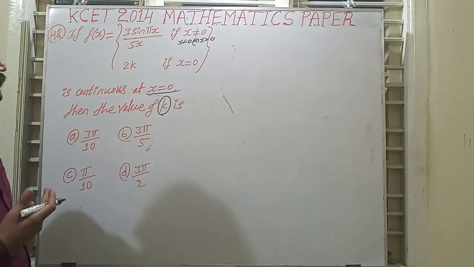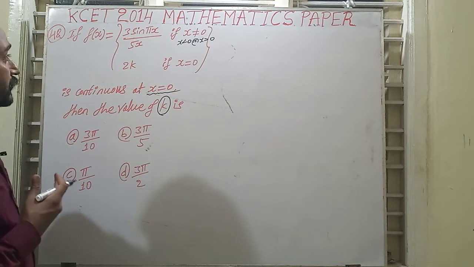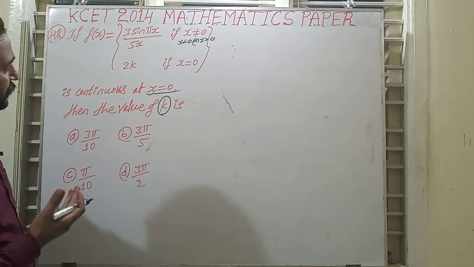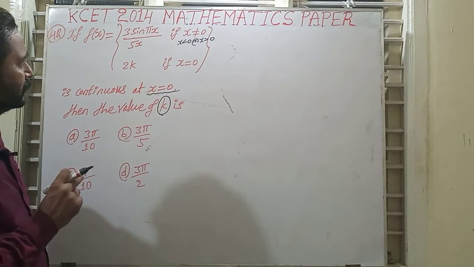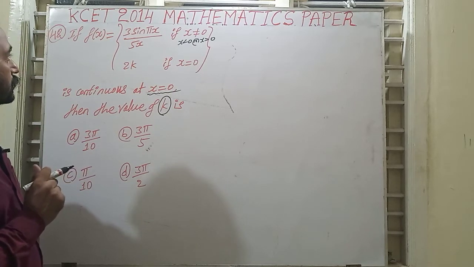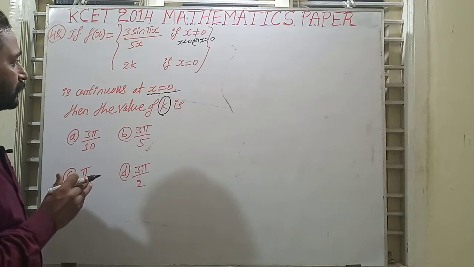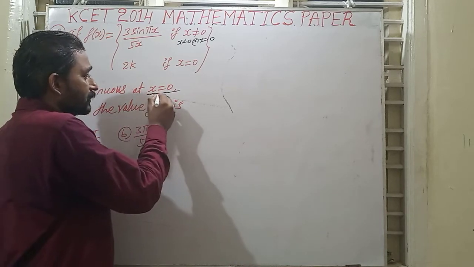Basically this problem is based on the continuity chapter, in the continuity and differentiation chapter, particularly continuity. So it is a moderate problem, easy, we can simplify it easily and find out the k value. So using the condition for continuity, it is given continuous at x is equal to 0.